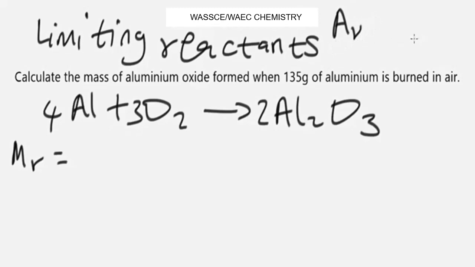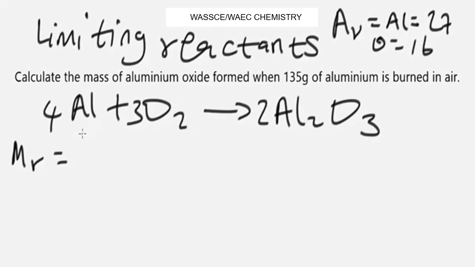Remember, I told you that you have to know this because not all questions will give it to you, or in case you're not given it, you have to be able to decode it. For aluminium, we have 27. For oxygen, we have 16. That's all.